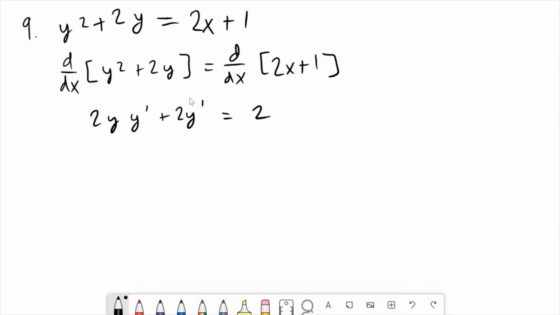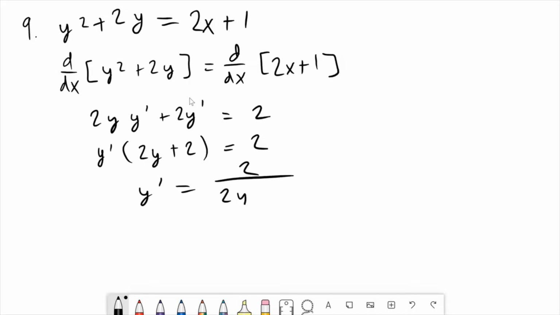And then we go ahead and solve for y prime. All the y primes are on the left side already, and all the things that are not are on the right side, so I just have to factor it out. 2y plus 2 equals 2, and in other words, y prime is equal to 2 over 2y plus 2, and I guess simplifying it to this, because all terms in the fraction have 2 in common, so I just took 2 out, or kind of divided every term by 2.